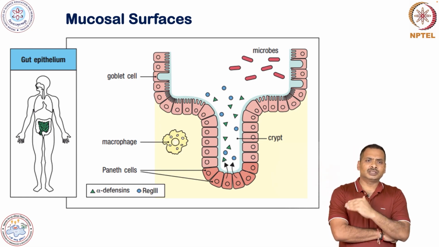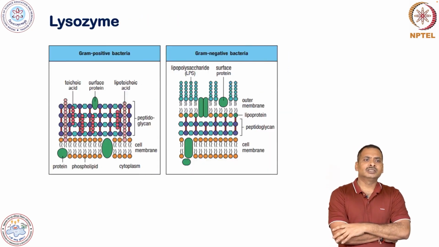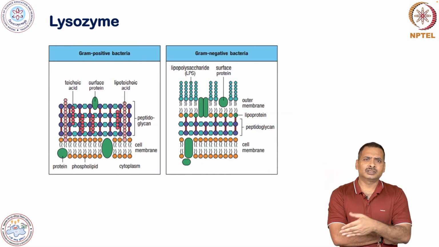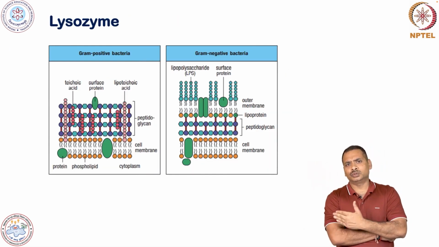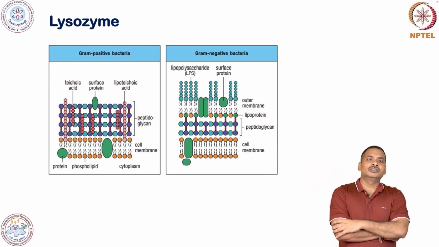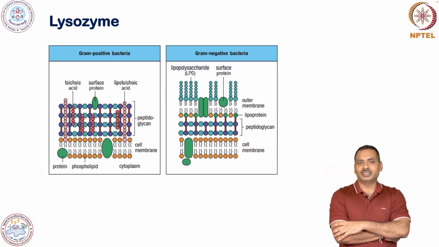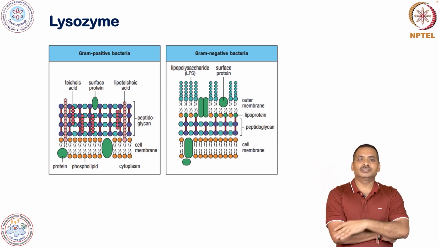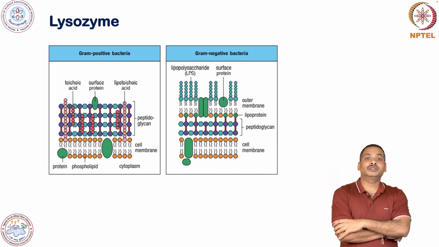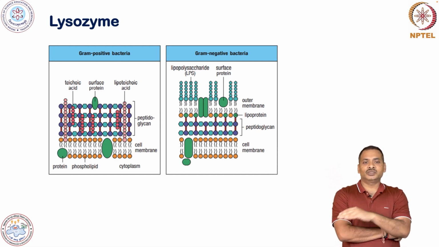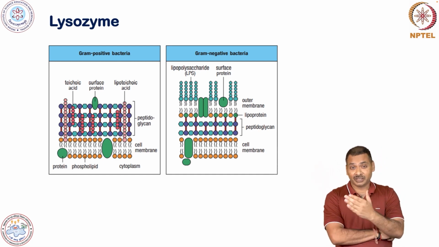so this is about the mucosal surfaces, and now I will talk about some other antimicrobial proteins, enzymes or peptides. So first is lysozyme. Here you can see the structure of gram positive and gram negative bacteria. In gram positive bacteria there is a very thick layer of peptidoglycan. Okay, and this peptidoglycan is very thin in gram negative bacteria.